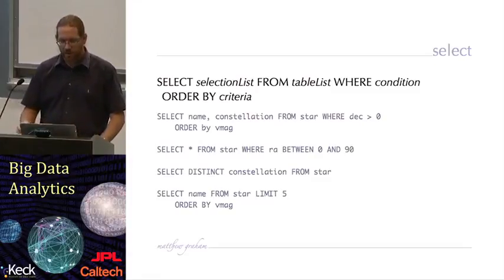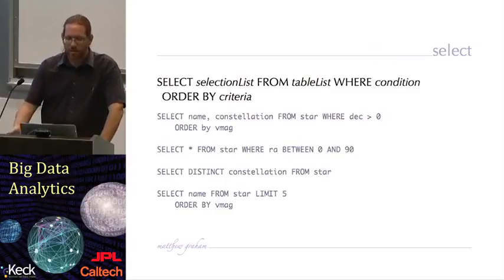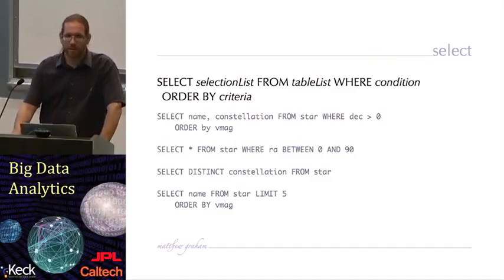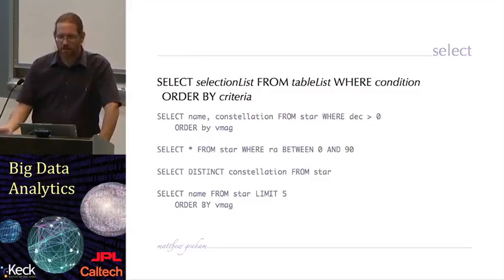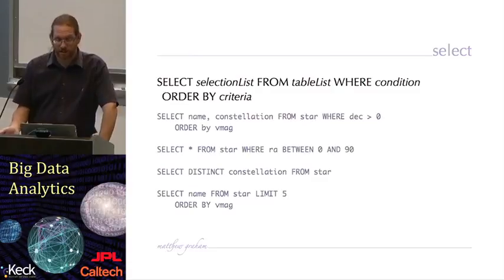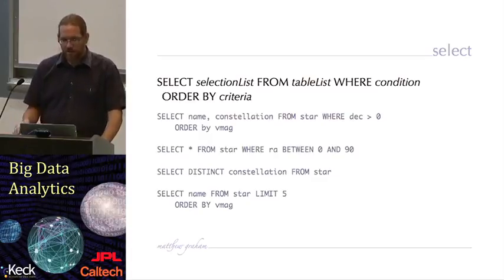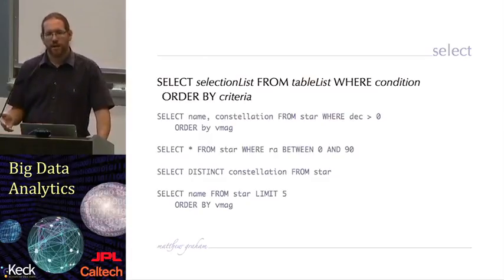And you see here the syntax: select a list of column identifiers that you want returned from a list of tables in the database where some condition, some predicate, is satisfied, and then possibly some ordering criteria. So in our first example, let's consider that we have a table of stars.